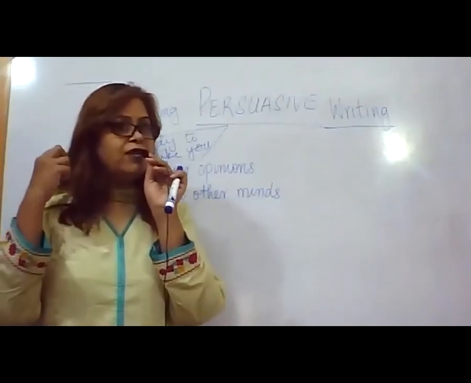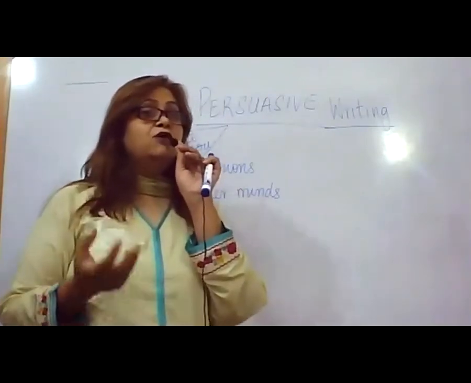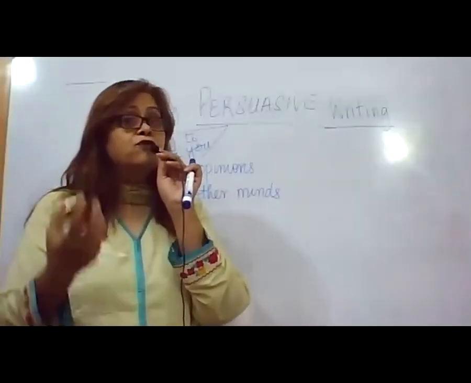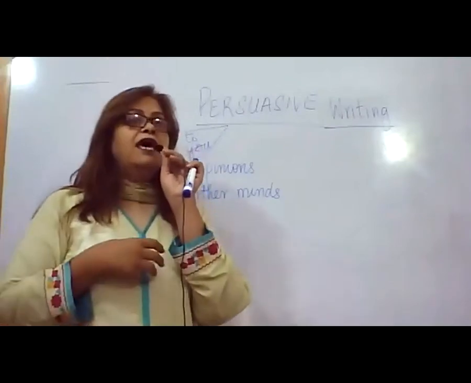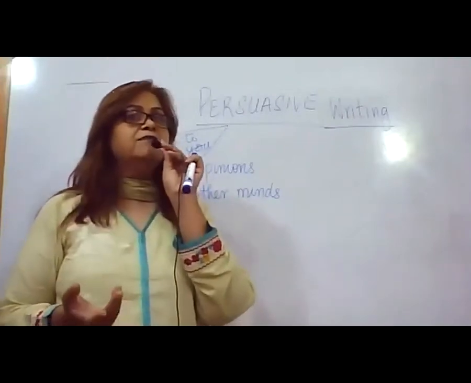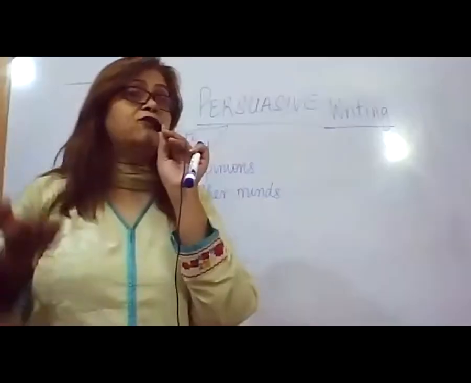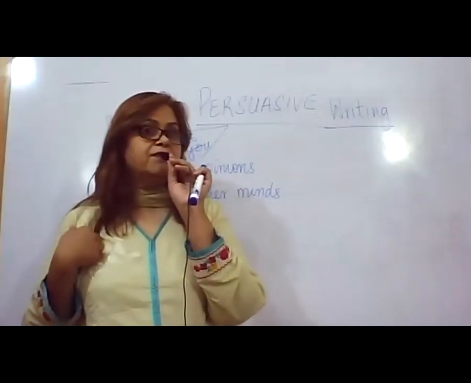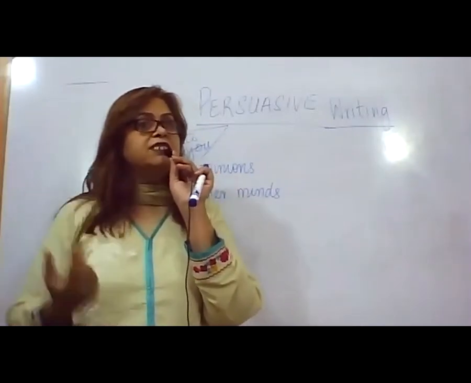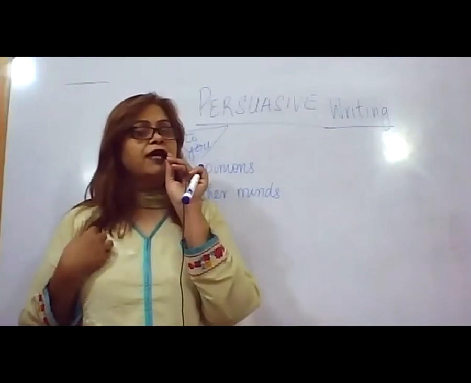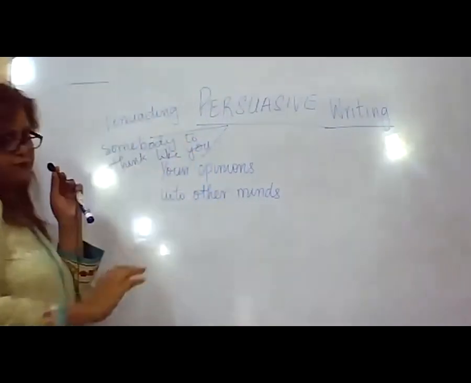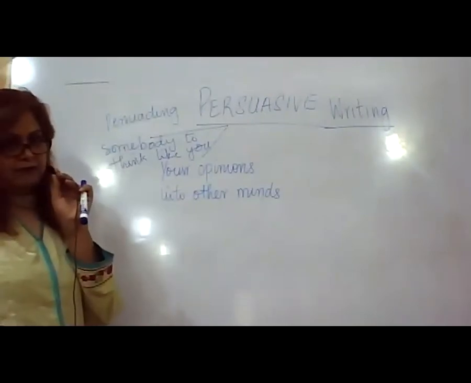So when you are convincing others, you are basically trying to prove, giving evidence and solving problems to make me think like yourself. You are convincing me, right? So when there is a convincing power, when you are trying to prove something, that is called persuading.